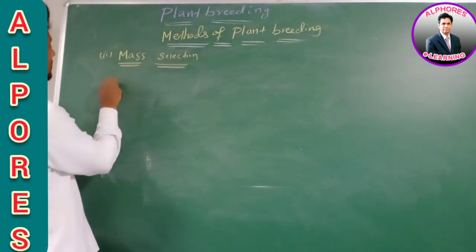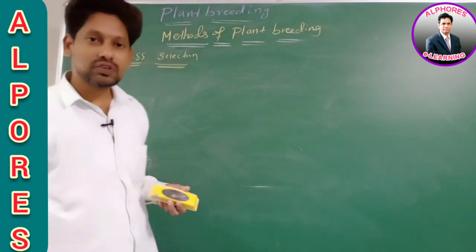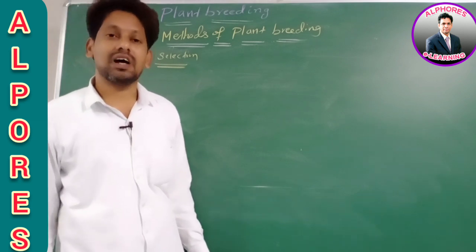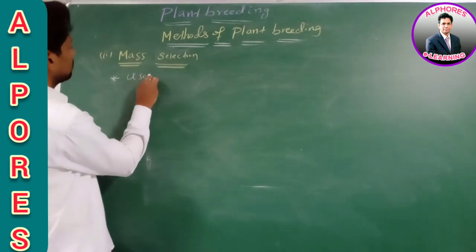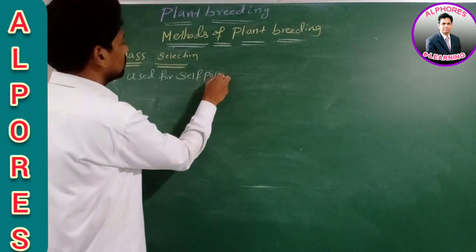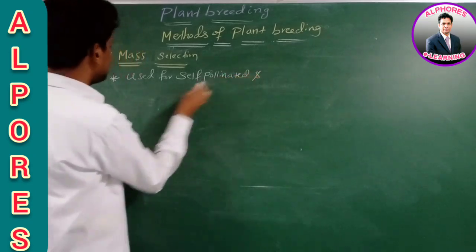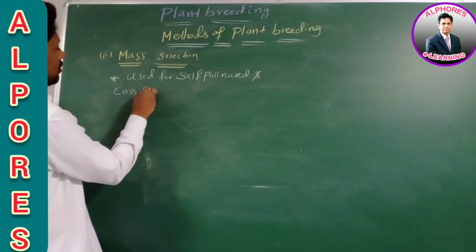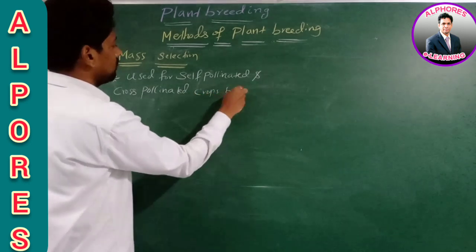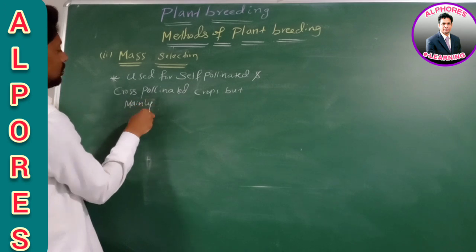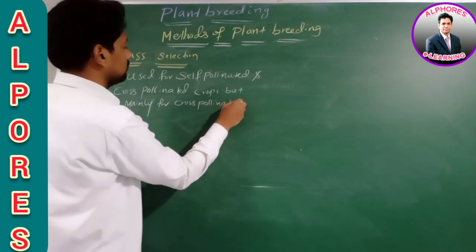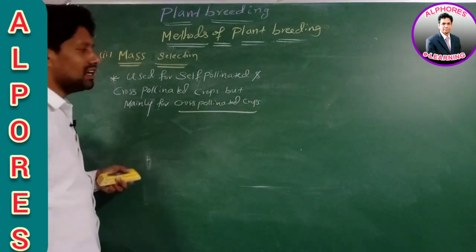Mass selection is used for self-pollinated and cross-pollinated crops, but mainly for cross-pollinated crops.